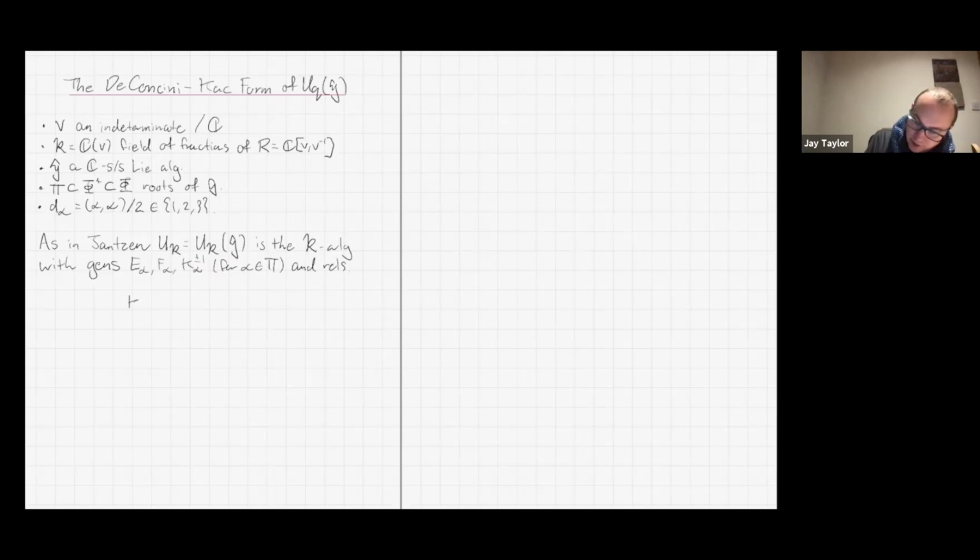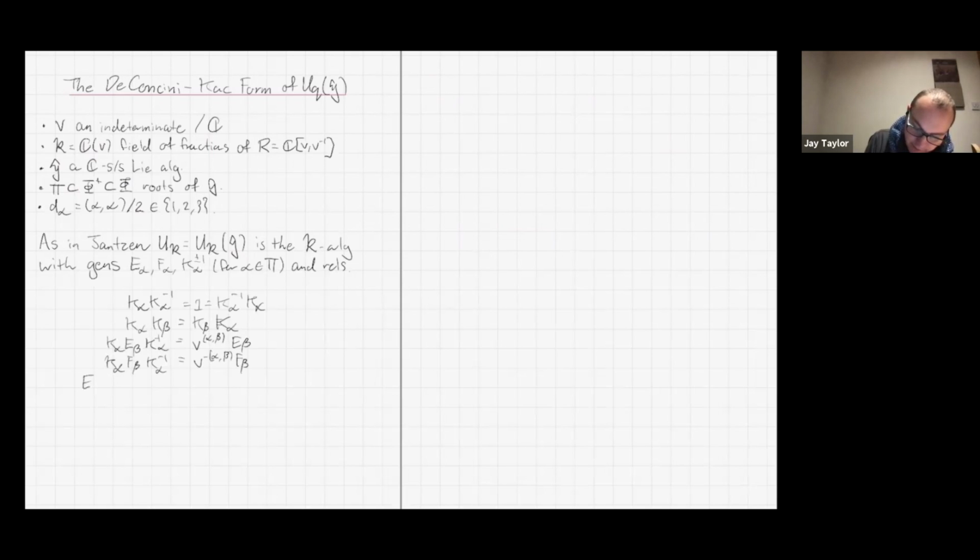I'm not going to list them all, but let's remember a few. The K_alphas are invertible and commute. If I conjugate by a K_alpha, then I get v to the (alpha, beta) times E_beta, and the same for F but with signs.